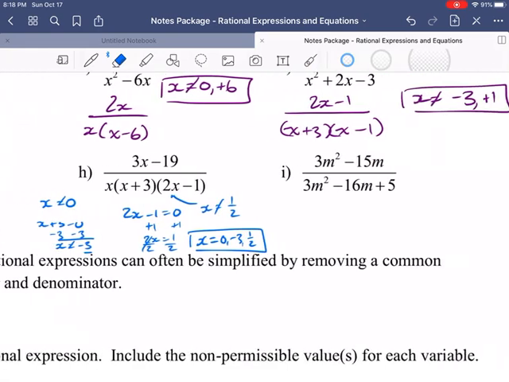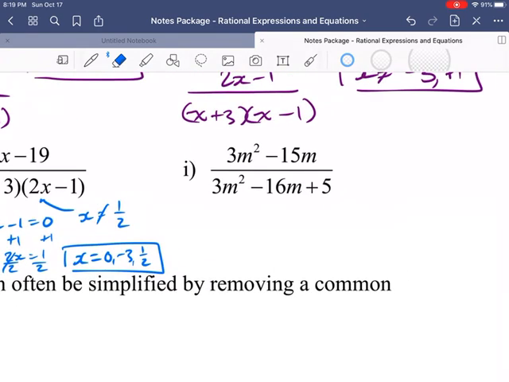Okay. Here comes another example. Let's factor the denominator. So the numerator, we've got 3m squared and subtract 15m. And the denominator is going to factor to 3m minus 1.